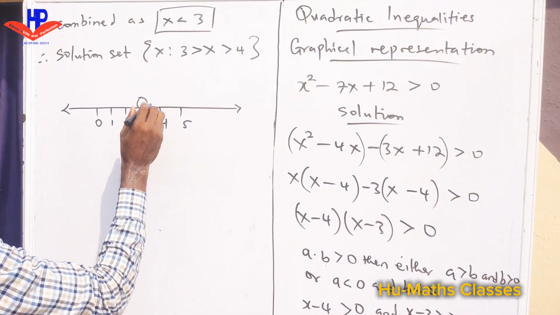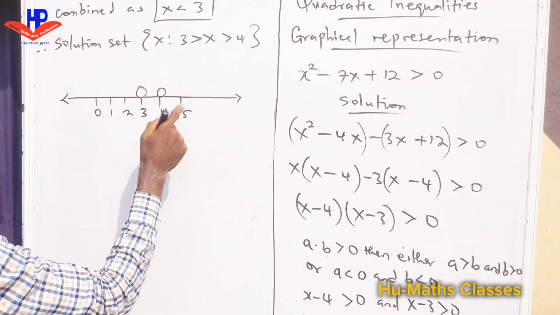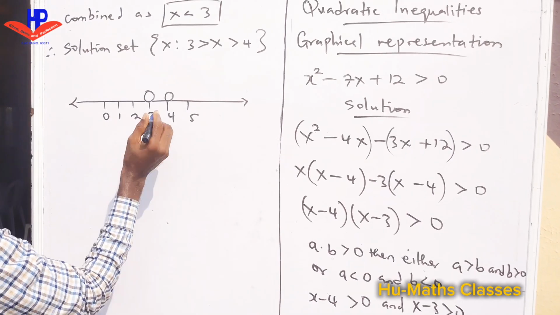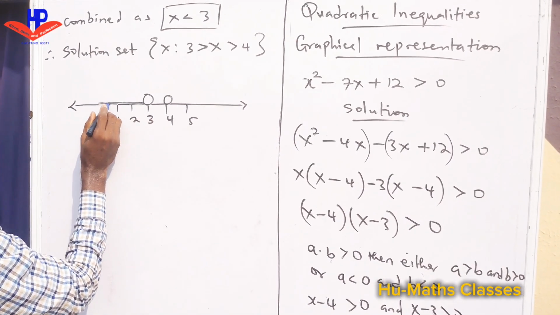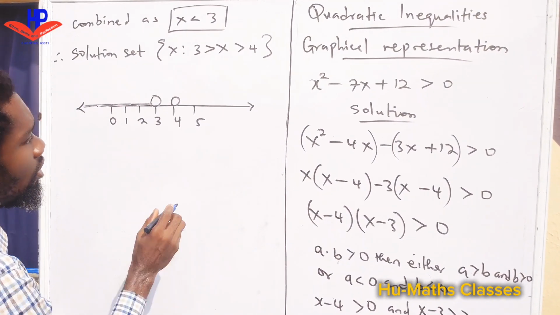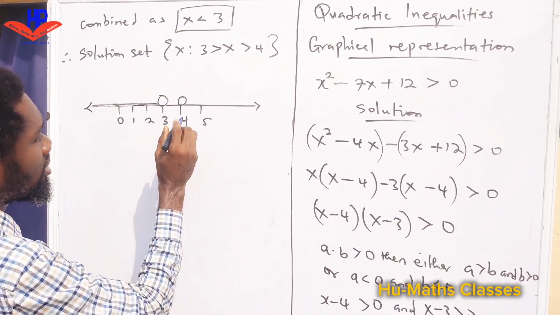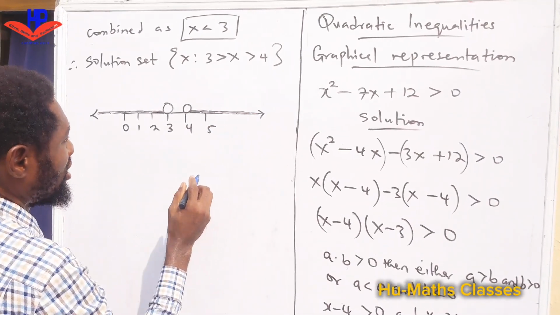At 4, we also have a circle put there. So x is less than 3 is coming this direction, so I'll need to shade this direction, make it thicker, and x is greater than 4 is going this direction, so I'll need to also shade here thicker.